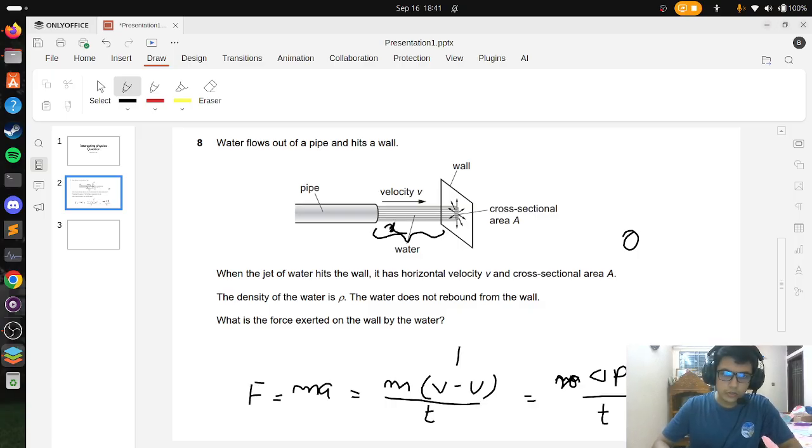So it goes from this position to the wall with velocity v, covering distance x. How can we solve it? If we want to solve it, we need to find two things. First, the mass of the water going through while covering the distance, and we have the velocity v defined here. So let's try to solve it.